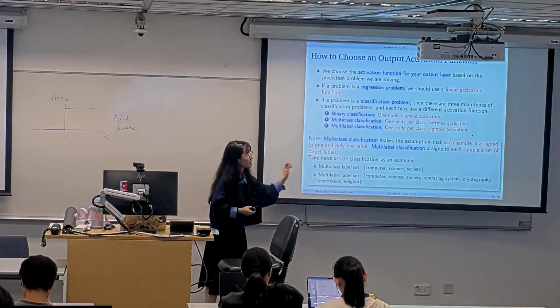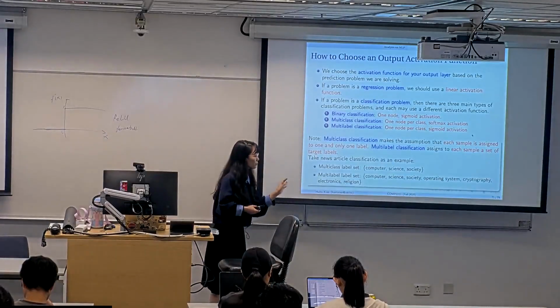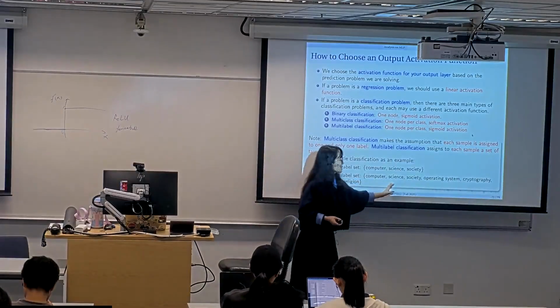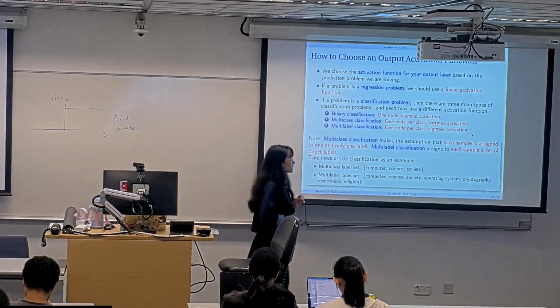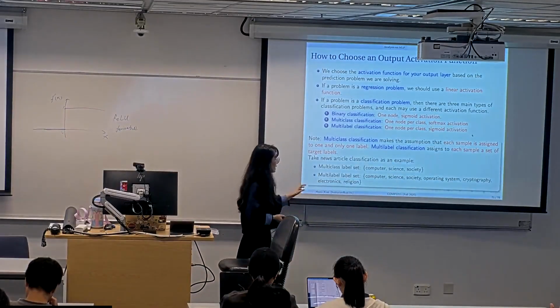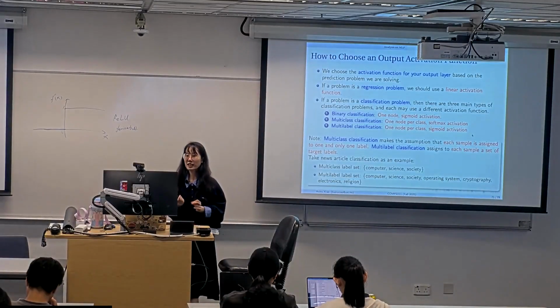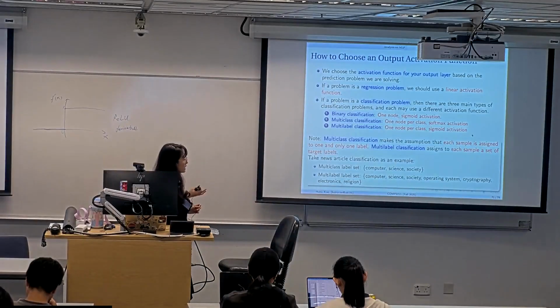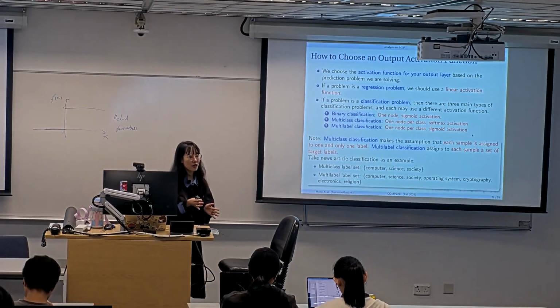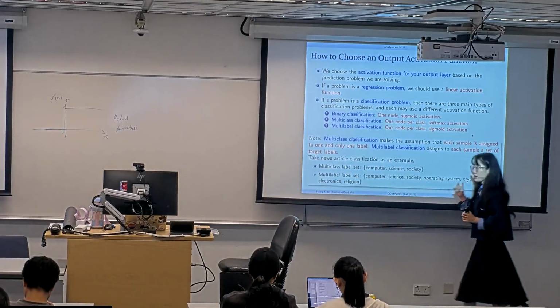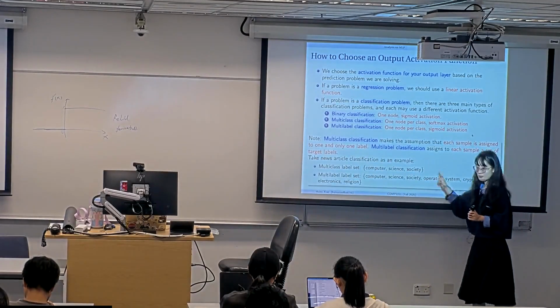This is multi-class. But for multi-label, the label set possibly can be computer, science, society, operating system, cryptography, electronics, religion. In this case, each news article can have multiple class labels. For example, this news article can belong to operating system.